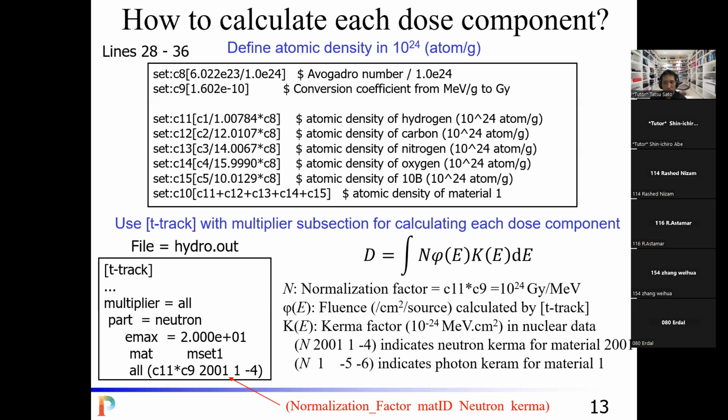You can simply calculate each dose component using this sample input file. But if you want to know the detail behind it, please take a look back at these pages, and find out what we did behind this input file.